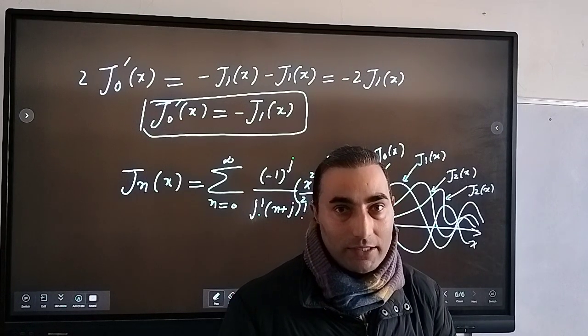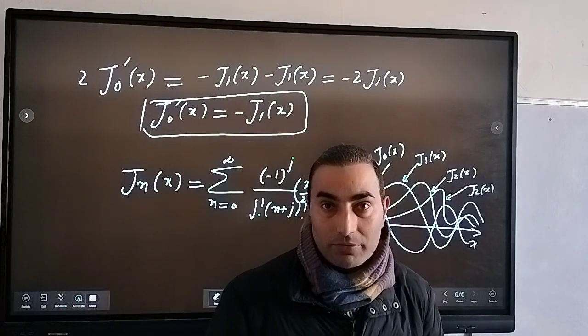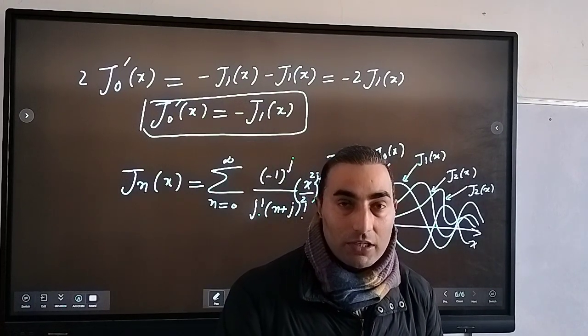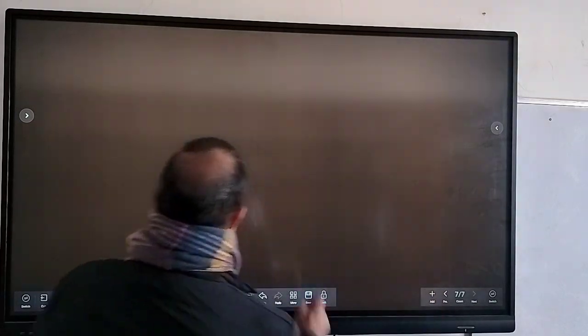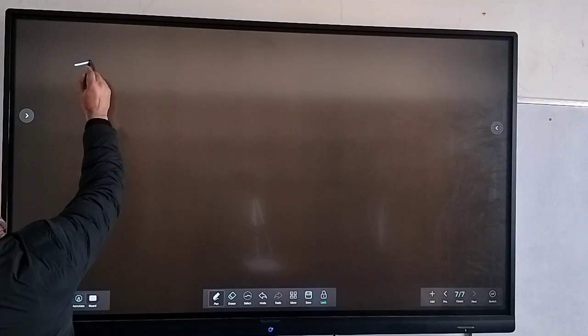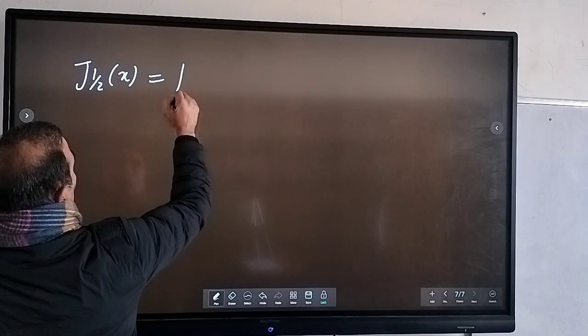And one more thing is that if you want to calculate the higher values of J, because we have already calculated what is j plus half and j minus half, right? Because we know that, our j 1 by 2 of x is equal to square root of 2 by pi x.